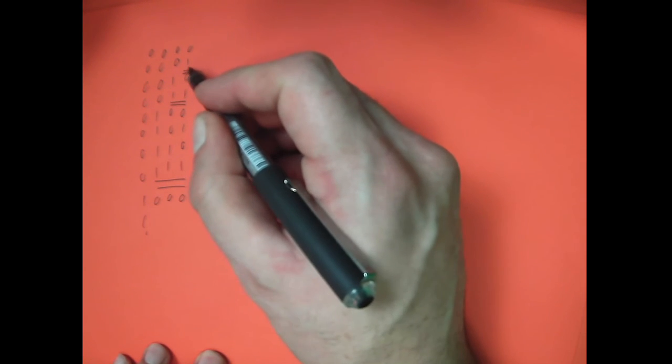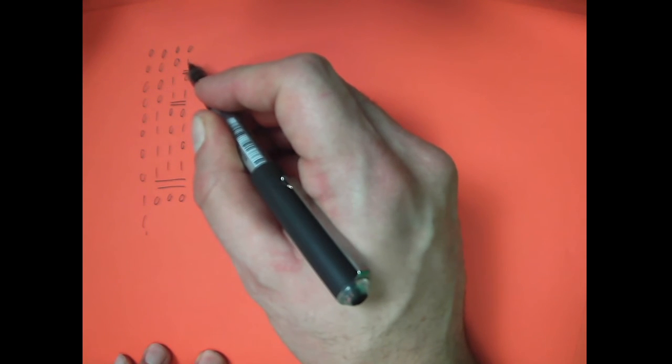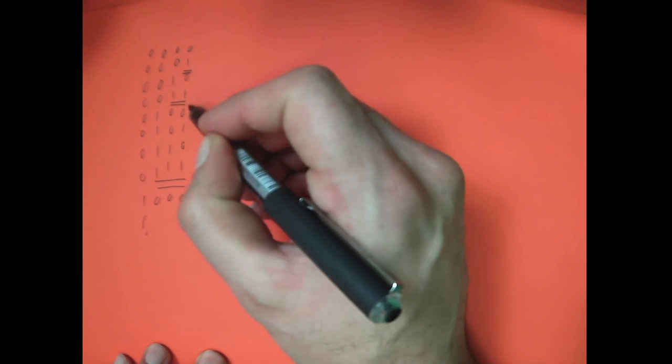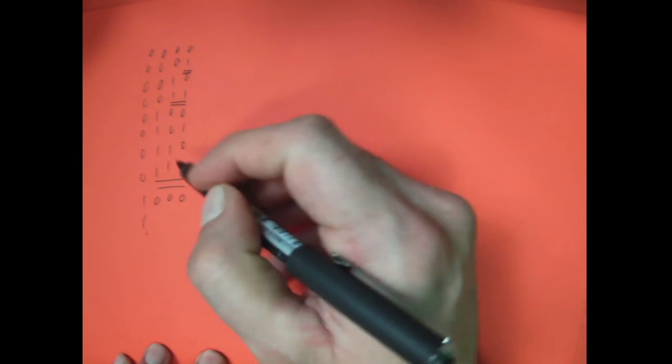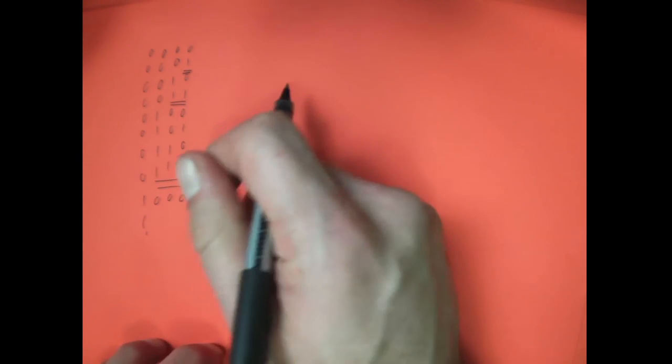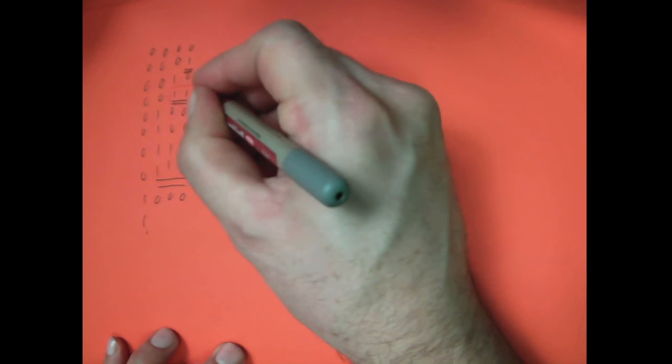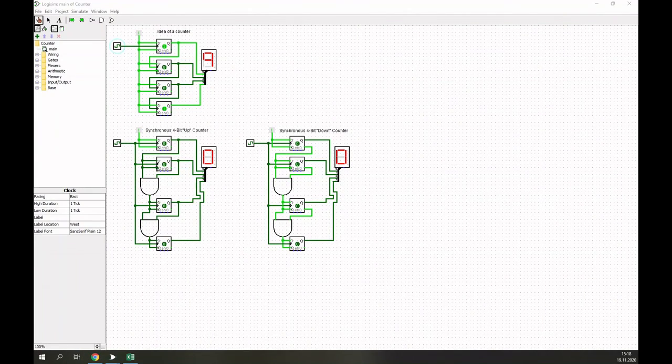In the first one, you just connect to the previous state. In the next one, you connect to both previous states. And in the next one, you connect to the 3 previous states. So, we can go to this counter here.